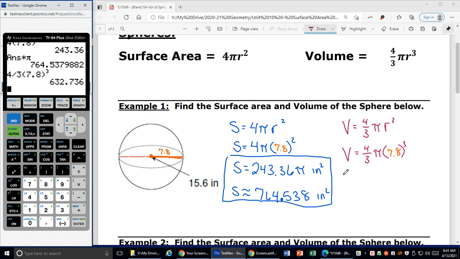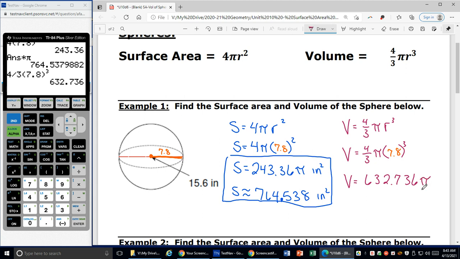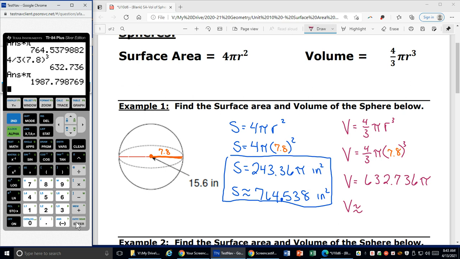And I get my volume equals 632.736 pi, because I didn't put the pi in the calculator. When I put the pi in the calculator, if I hit times, so it takes that previous answer in the calculator times pi, I get 1,987.788, but after the 8 is a 7, so I'm going to bump that up.